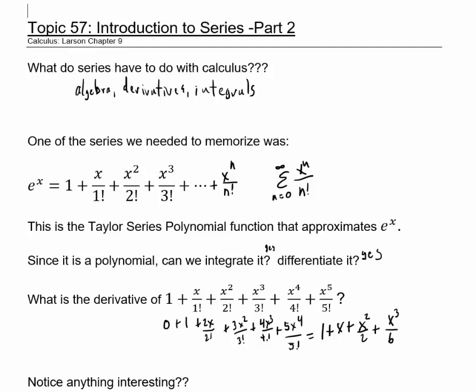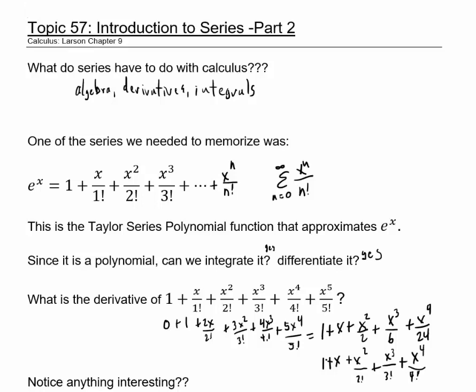And 5 factorial is 120, because it's 5 times 4 times 3 times 2 times 1. 5 over 120 reduces to 1 over 24, so that'll be x to the fourth over 24. And when you work with factorials, you should notice that this 2 on the bottom you can write as 2 factorial, and 6 is 3 factorial, and 24 is 4 factorial.